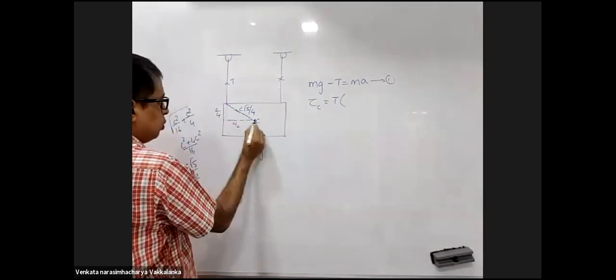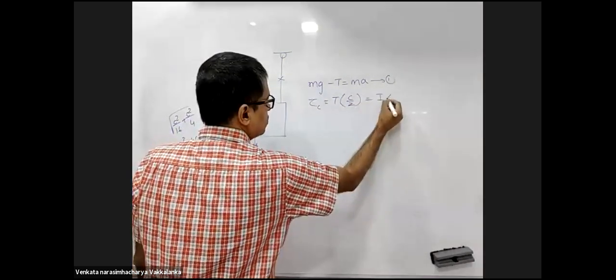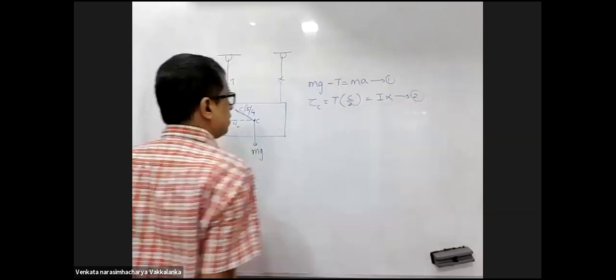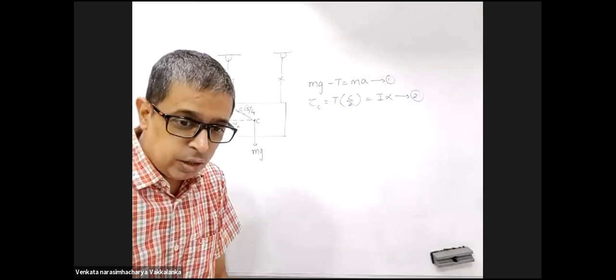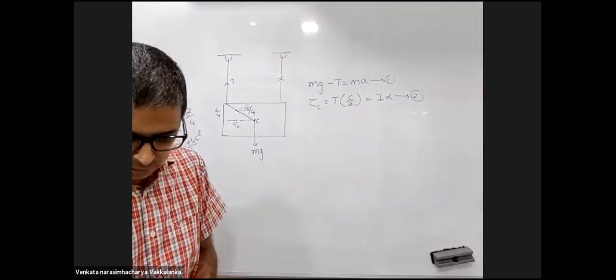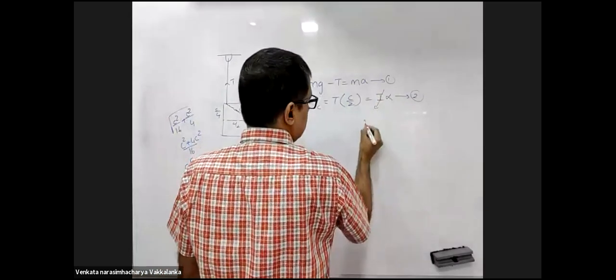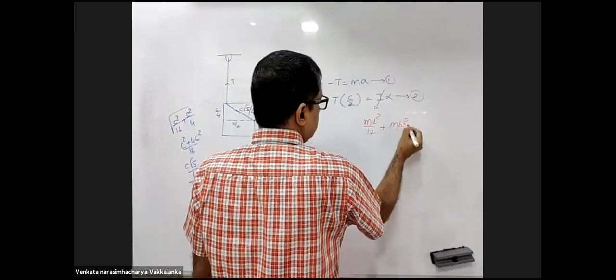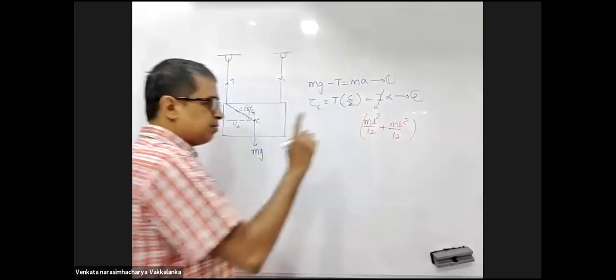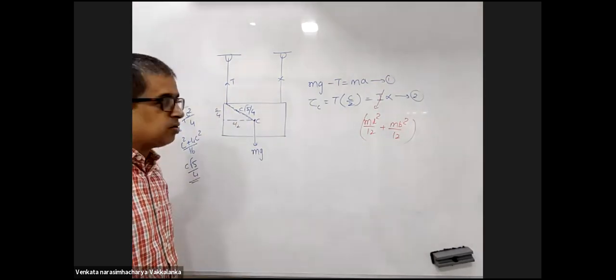So T into this perpendicular distance, C by 2, is I into alpha. For a plate about the center of mass, the moment of inertia is ml square by 12 plus mp square by 12. Substitute L and B. Length is C, breadth is C by 2.